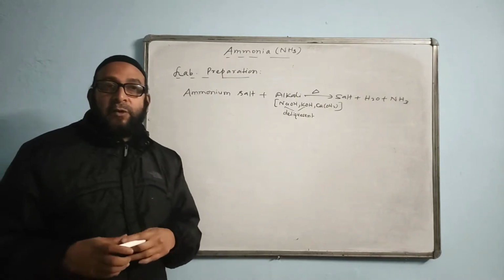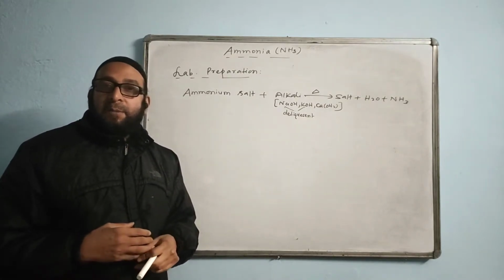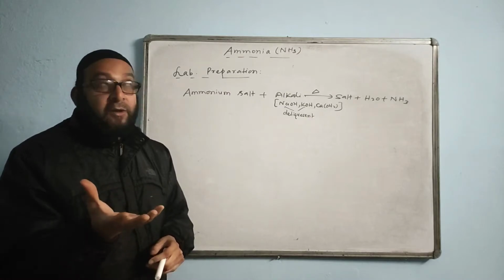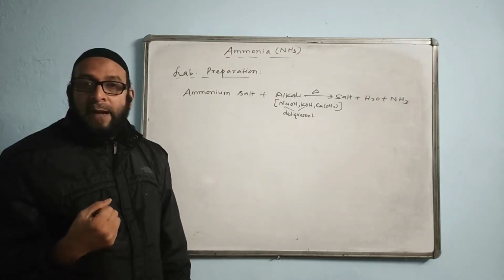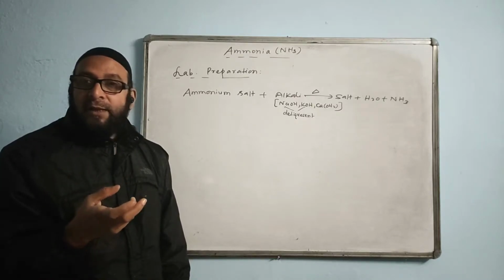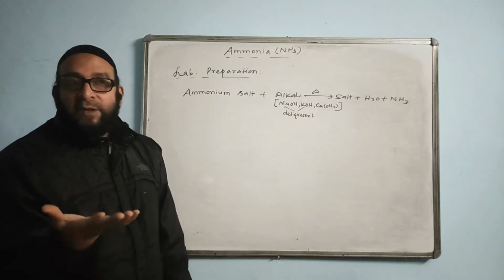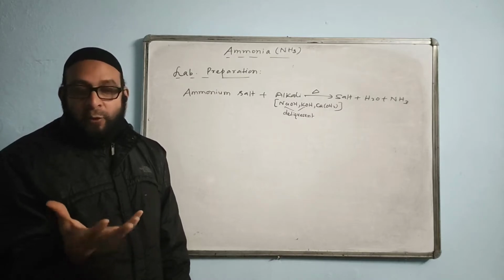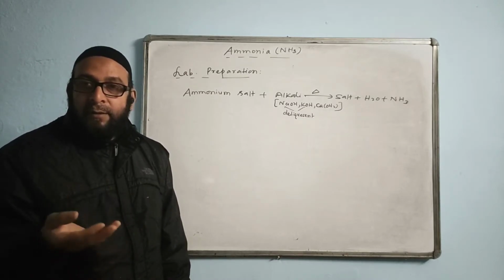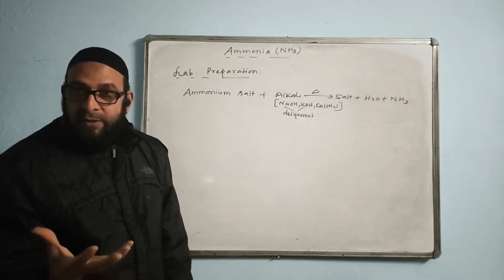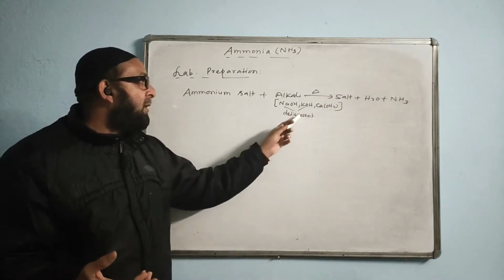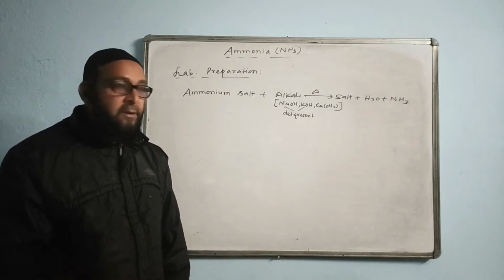What is the meaning of deliquescent? The substance which on exposure to air absorbs moisture and dissolves in the same to change into liquid. Anything which is solid, but when we expose it to air, slowly it changes into liquid. This phenomenon is called deliquescence, and the substance which changes into liquid is called a deliquescent substance.